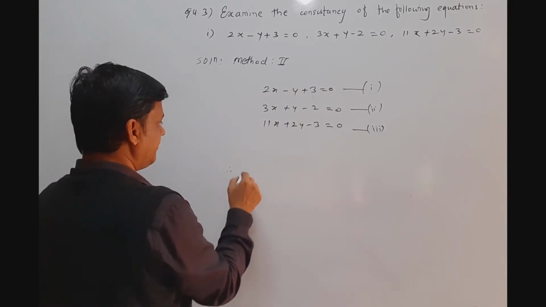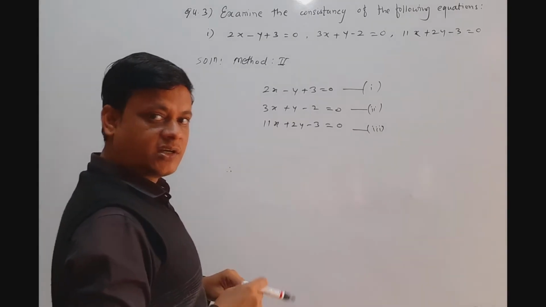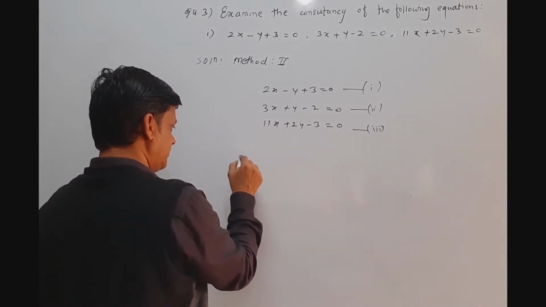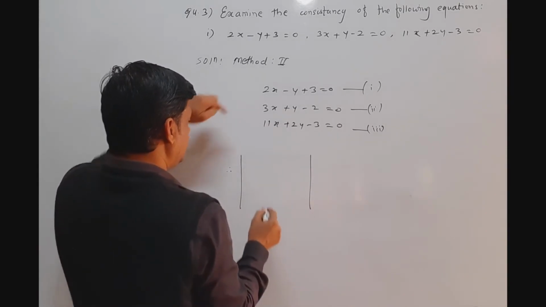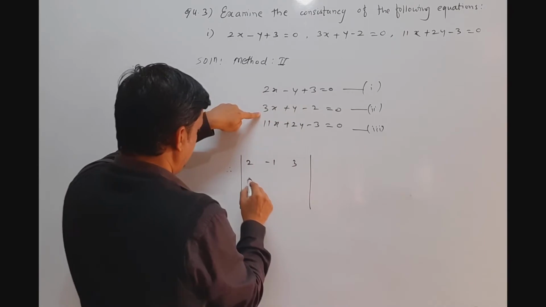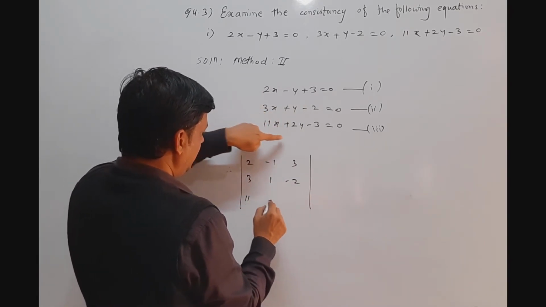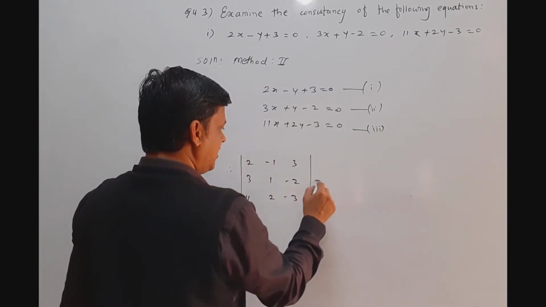So therefore we say these three equations are consistent if the determinant 2 minus 1 3, 3 1 minus 2, 11 2 minus 3 is equal to 0.